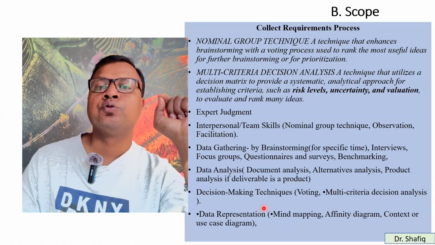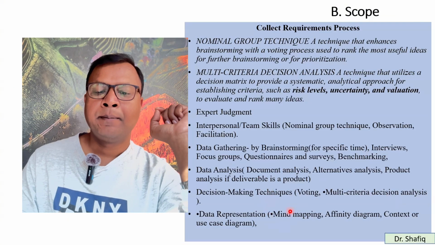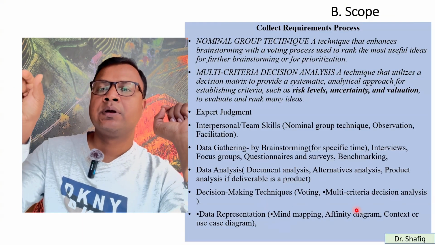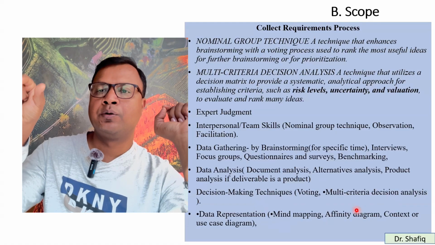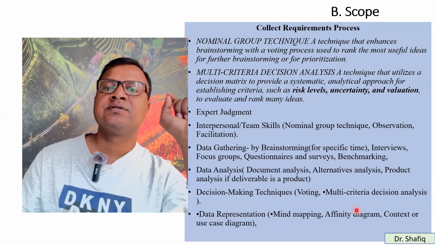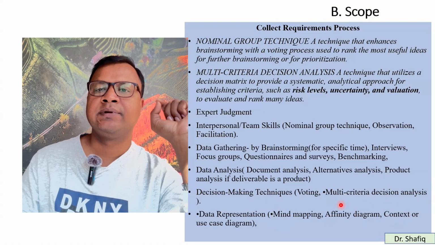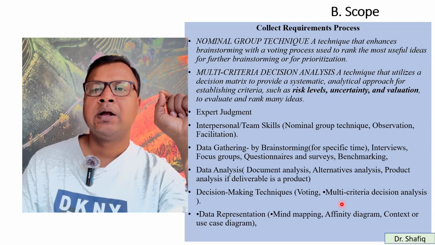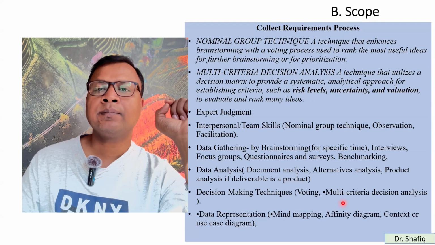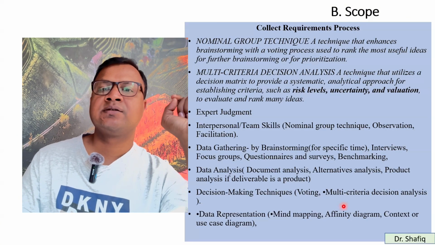And you can also express through data representation by mind mapping, affinity diagram. Affinity diagram is putting one issue in one row, with separate columns. So it's an affinity diagram. Then the context diagram. If you explain something in context, for example, you are going to establish a route in an area.